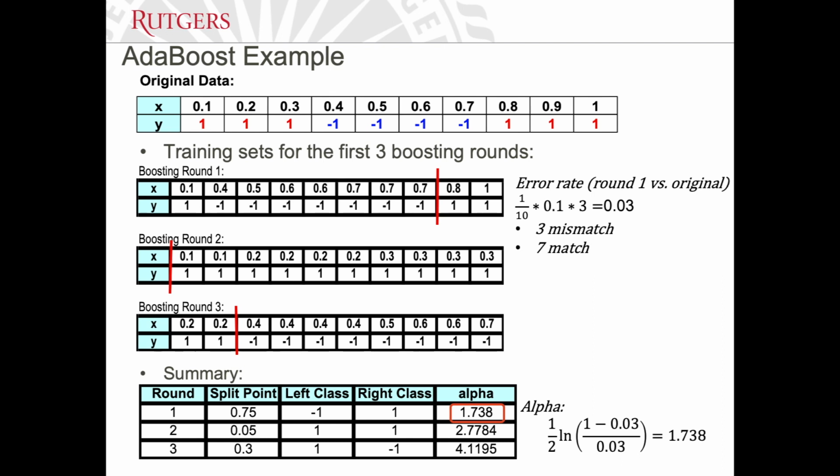And we have a total of 10 points, so the initial weight is assigned as 0.1 for each point. So according to the formula, the error rate here is 0.3 because we have 3 mismatched and 7 matched. Based on this error rate, we can simply calculate the parameter alpha, which is shown below.